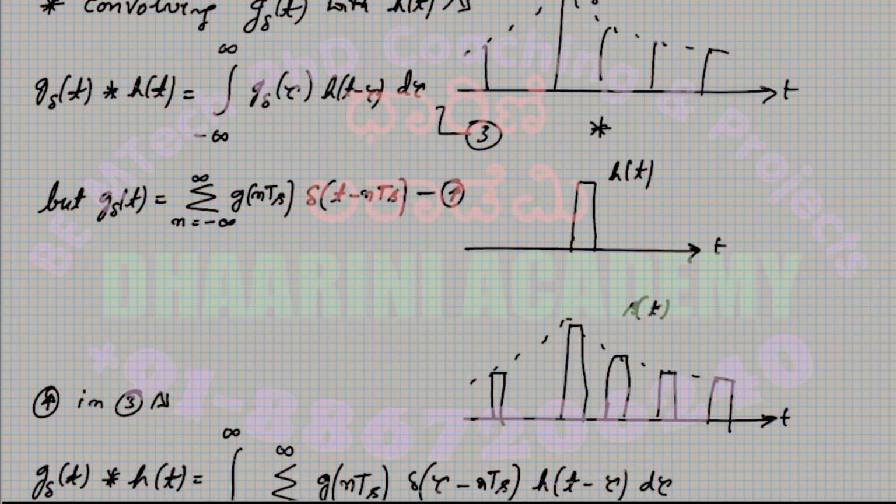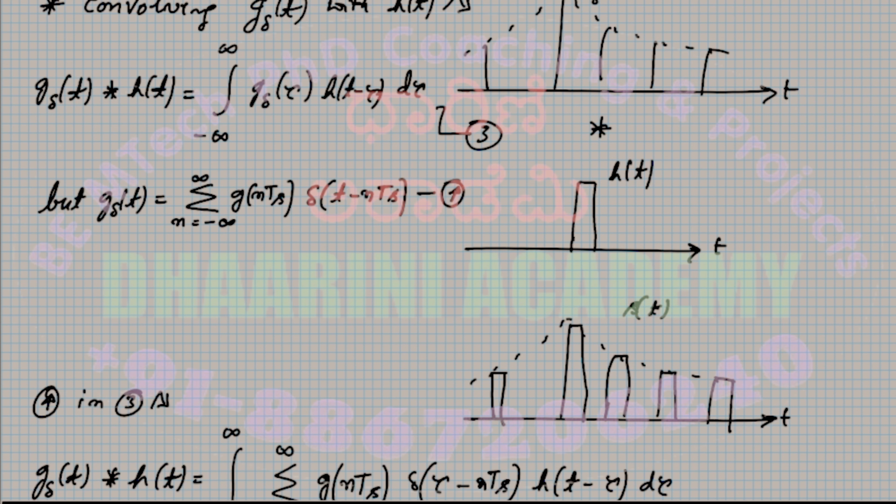Then we applied the same concept of convolution, and at the end we could get an equation for the S of f, and that S of f has the G of f as it is, right? So which means I can come back to the time domain.